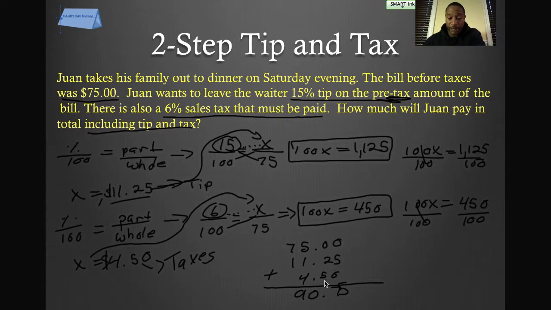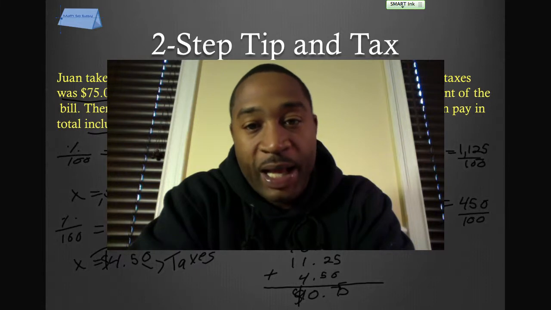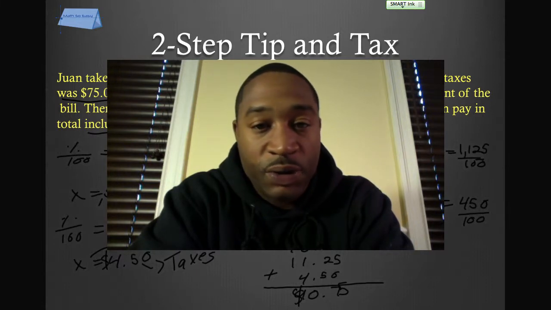And of course, let me give you a dollar sign here. You don't want to work without dollar signs. Now, the important thing to realize here is that you have a two-step problem, okay? So you find your tip and you find your tax. Now, like I said, sometimes you can do it in one step.